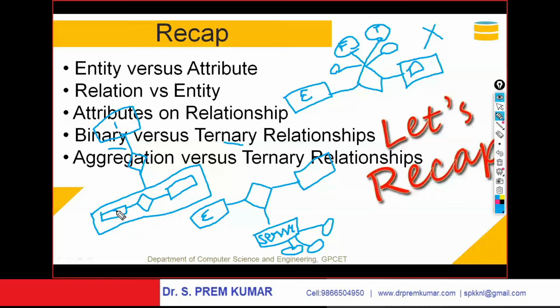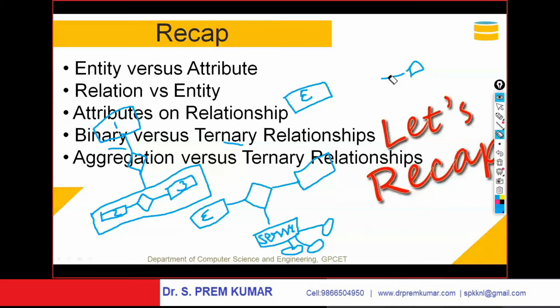Then I can put these two clubbed together, and this clubbed form is called aggregation. For this aggregation, I can establish a relation. This is called aggregation versus ternary relation. The same thing, if I put in the ternary form, you can write like this.